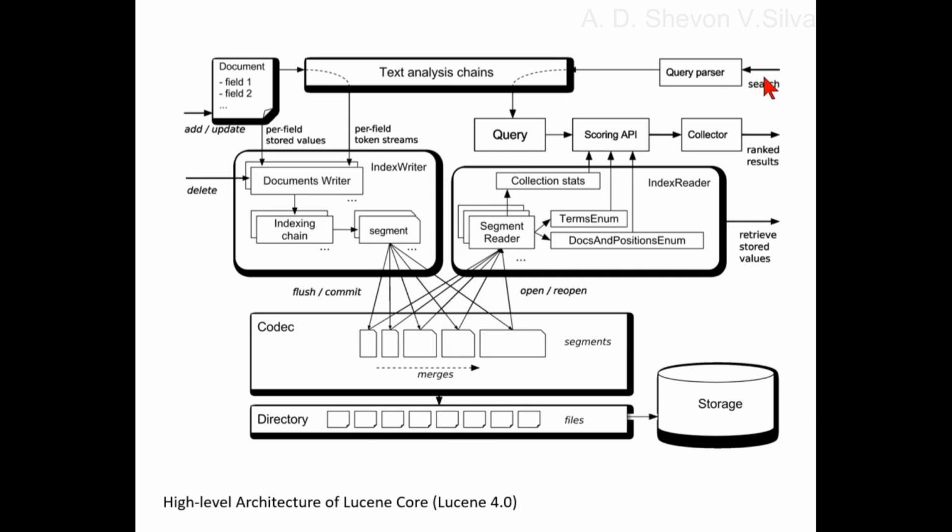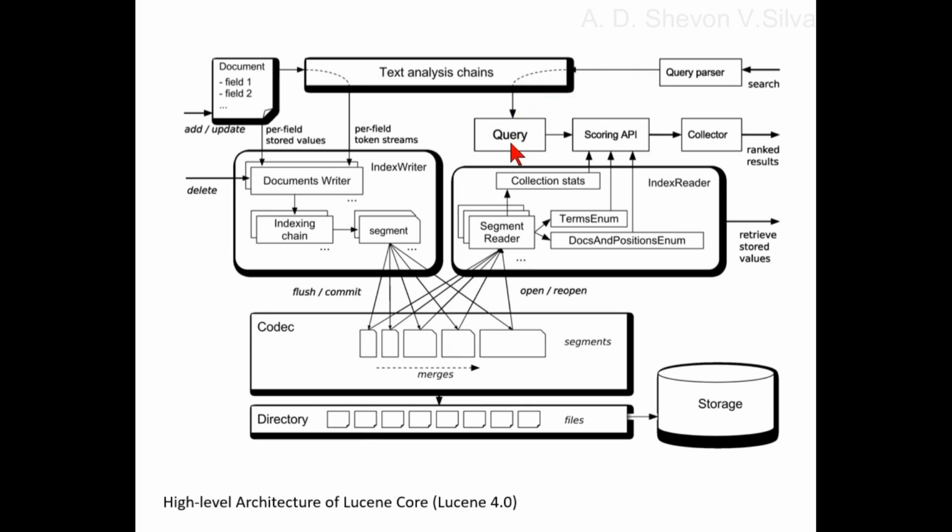And here the query search is passed to a query parser. Query parser is connected to text analysis chains, and the query parser is connected to the query, sometimes via text analysis chains.